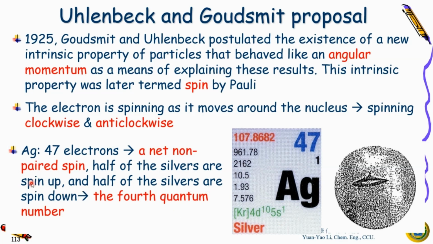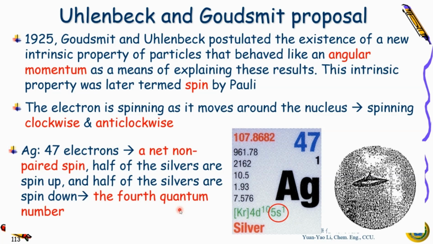So we call this clockwise or anti-clockwise. This is the fourth quantum number. So far, just remember there are four quantum numbers. The fourth quantum number is the spin of the electron. There are only two ways, spin up or spin down, or you can call it clockwise or anti-clockwise.